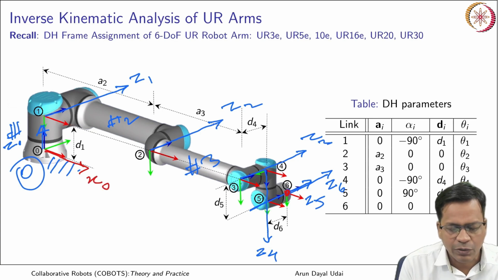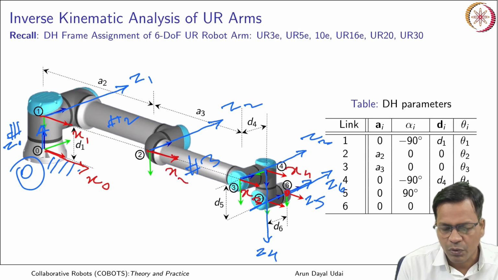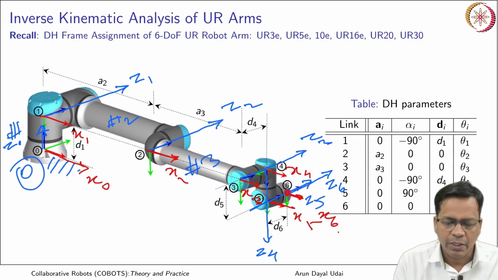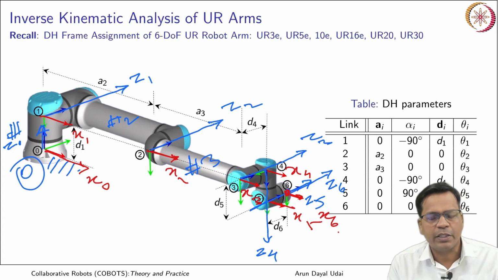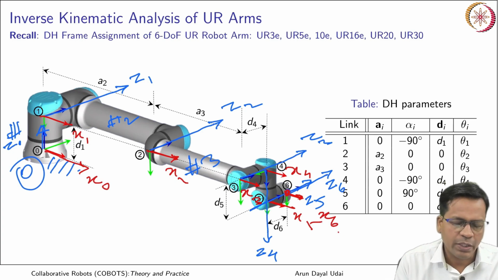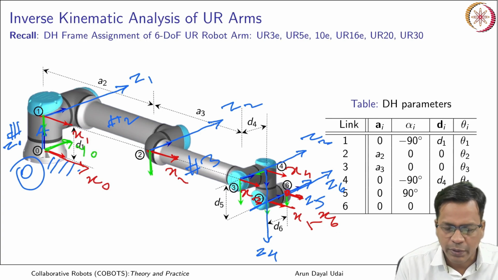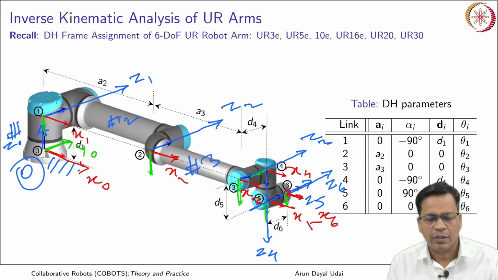So this is x0, x1, x2, x3, x4, x5 and finally x6. The y axis can be obtained using the right-hand thumb rule: x cross y should be equal to z, so z cross x is equal to y. So you can get y0 like this, y1, y2, y3, y4, y5 and y6.